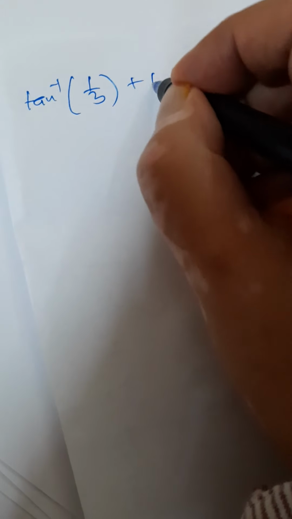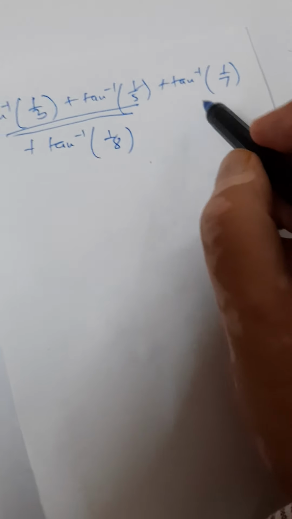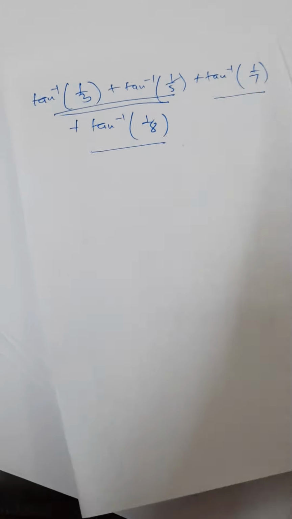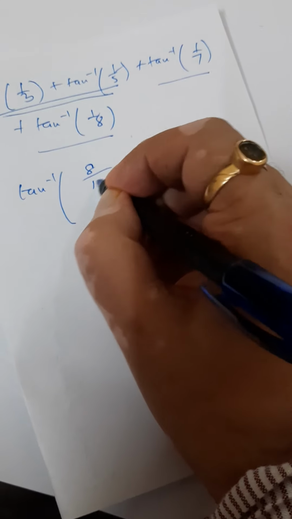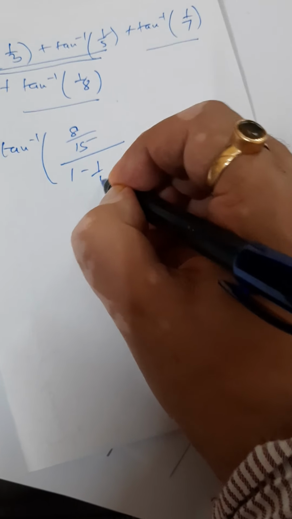That is tan inverse 1 by 3 plus tan inverse 1 by 5 plus tan inverse 1 by 7 plus tan inverse 1 by 8. Now take them pairwise. Tan inverse 1 by 3 plus tan inverse 1 by 5, tan inverse 1 by 7 plus tan inverse 1 by 8. Now this is tan inverse of 8 by 15 upon 1 minus 1 by 15.